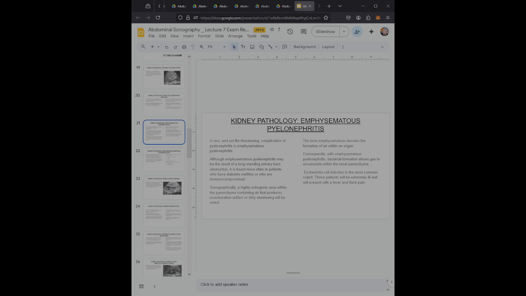These patients present with diabetes mellitus and they might be immunocompromised. So in emphysematous pyelonephritis, we see gas or air within the renal parenchyma, as well as dirty shadowing or reverberation artifacts.